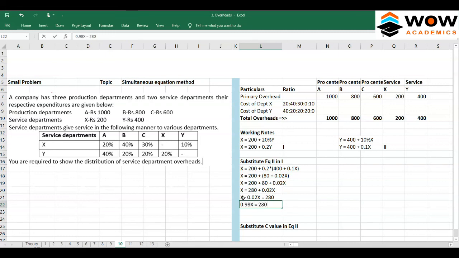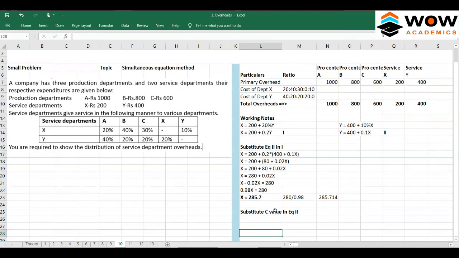And now if you solve, x will become a number. What is that number? It will be 280 divided by 0.98, which would be 285.7. Okay, 285.7. So that's the value. This value could be substituted in this equation because we can get the answer very easily.